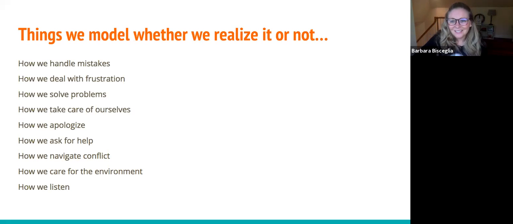And really how we listen. And this one is really important because it doesn't have to be listening just to the child, but listening to other co-teachers. Think of all the interactions you have with the other adults in your center. And if you reflected on those, would you want those to be something you would want repeated in your classroom between two children?